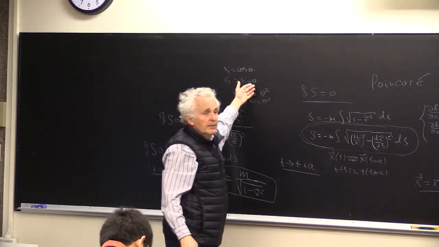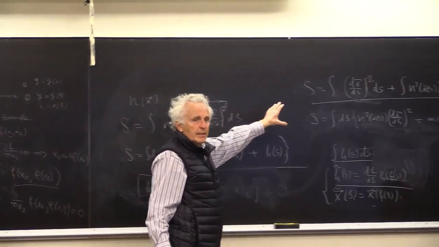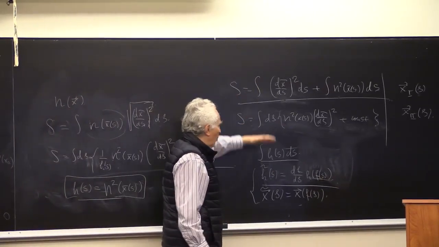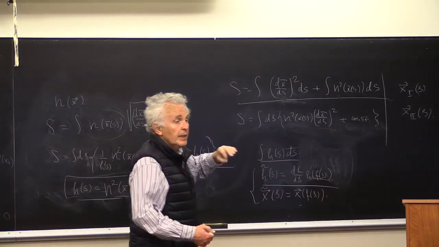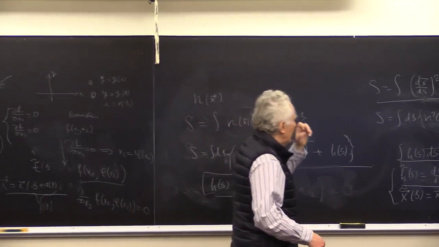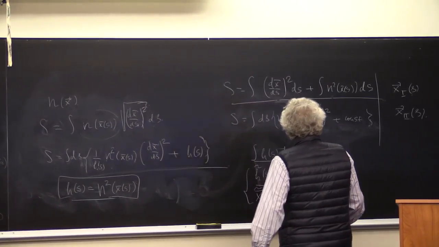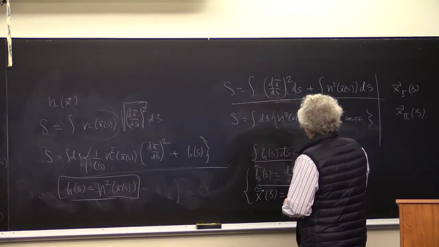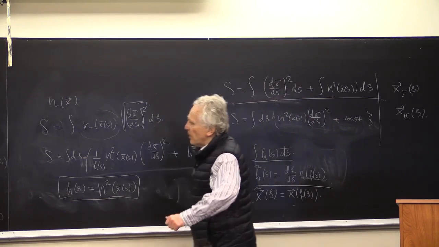The functions are totally different, but they describe the same circle. And in this sense, all these actions which you obtain by different gauge fixing describe the same curve, the same trajectory of light ray, but differently parameterized.